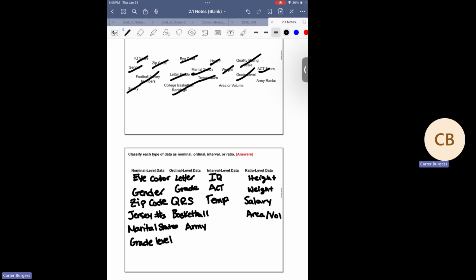Good. The zip code and jersey numbers, I agree. Those are tricky. That feels like it could be quantitative. Grade levels, I agree, that one's pretty tricky. But those are interesting instances where we're using a quantitative value as a name, so like as a category.